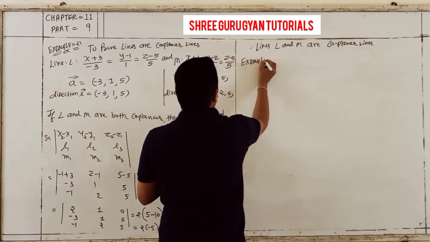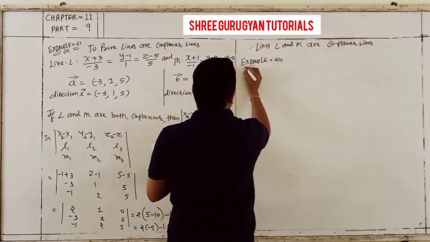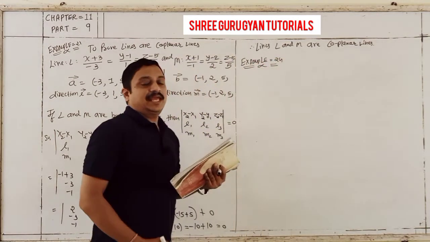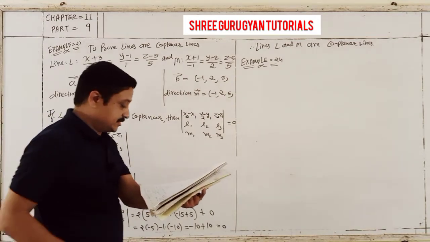Example 24. Students, 22 and 23 are cancelled according to your board syllabus.